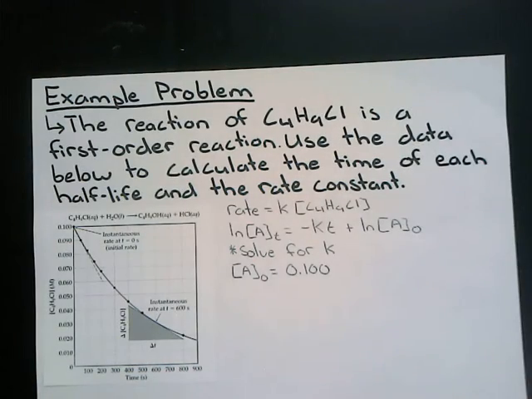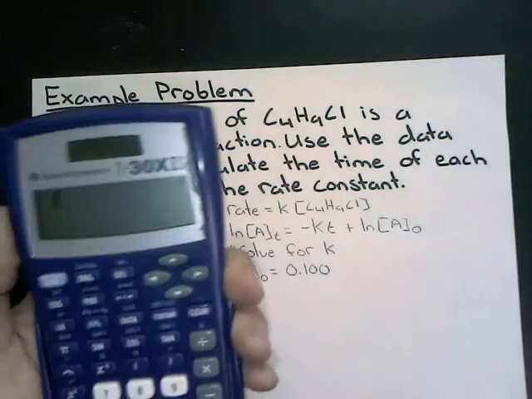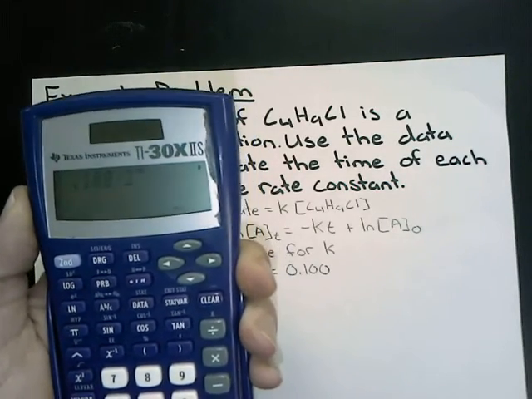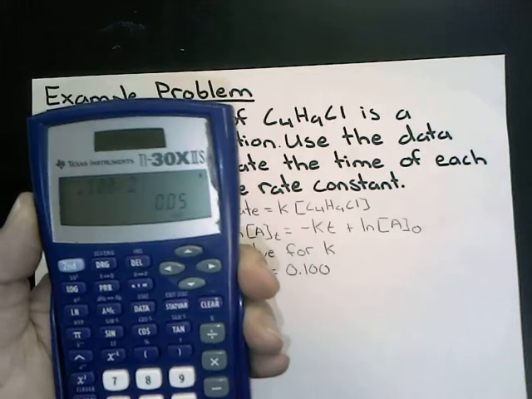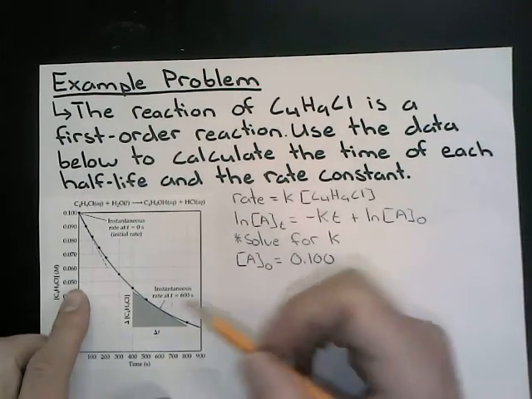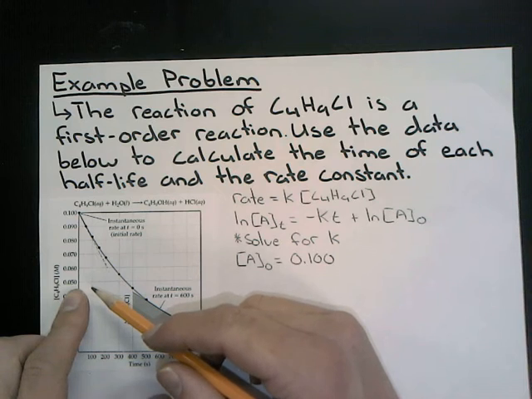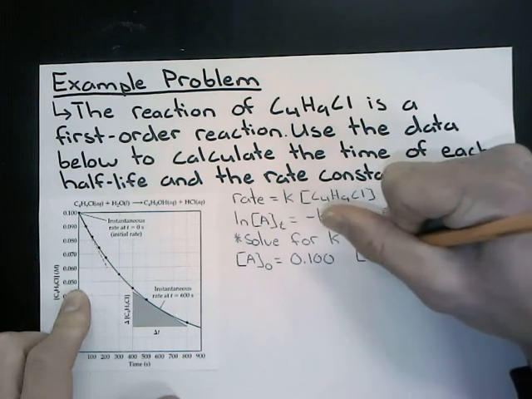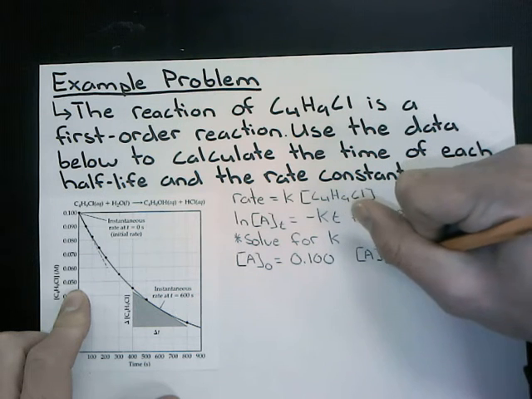Now, think to yourself, okay, what is half of 0.100? And if you don't know, don't be afraid to get out that calculator. Half of 0.100 is 0.05. So we need to find on our chart, do we have a value for 0.05? Well, we do.